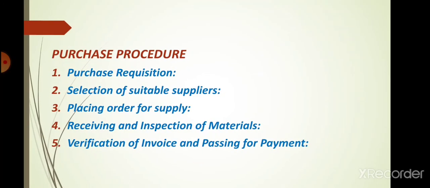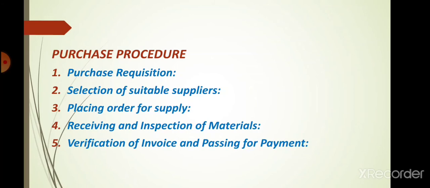A form known as purchase requisition is commonly used as a format requesting the purchase department to purchase the required material. Normally, the purchase requisition is issued by the stores department when the quantity of the concerned material reaches the minimum level.